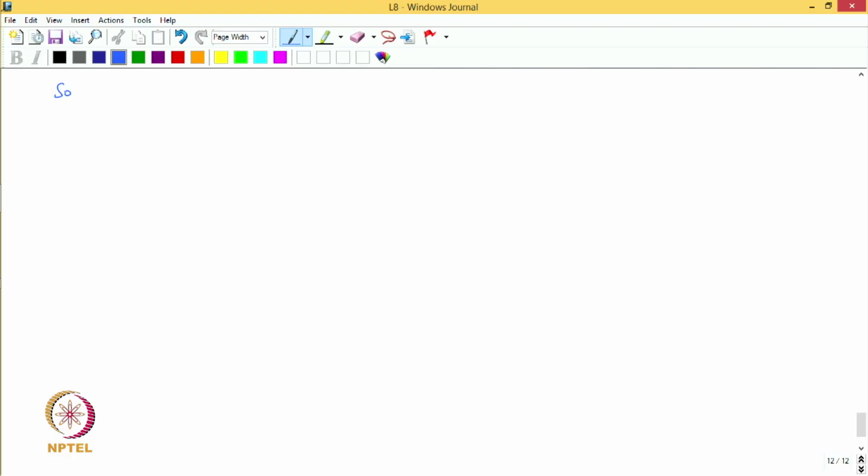So, solution by modal analysis, as we have done for the undamped system also. Here we are going to first assume the damping to be proportional.